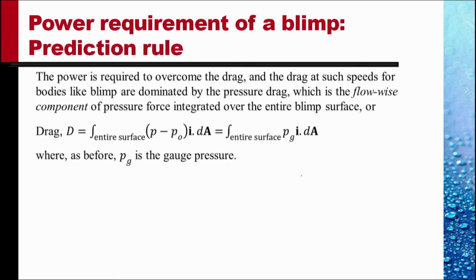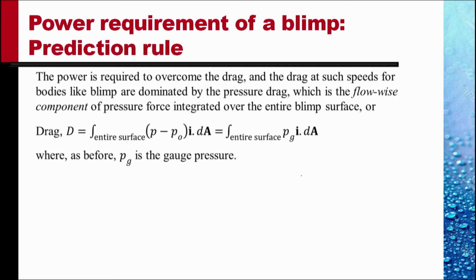The power is required to overcome the drag. And the drag at such speeds for bodies like a blimp is dominated by pressure drag, which is the flow-wise component of the pressure force integrated over the entire blimp surface.